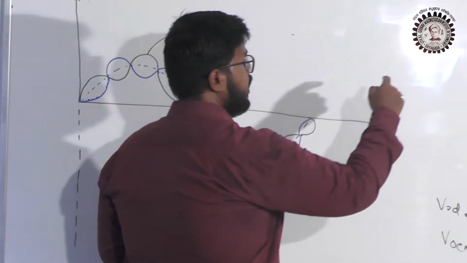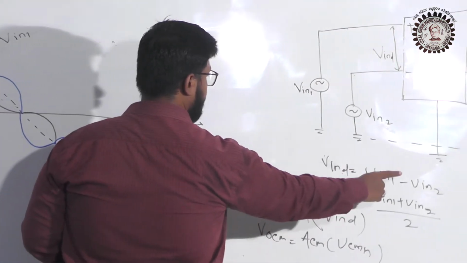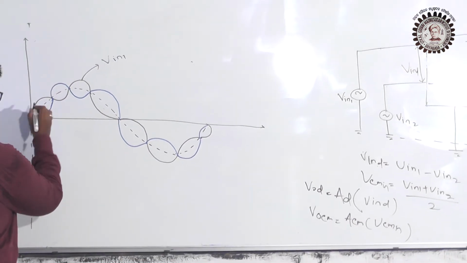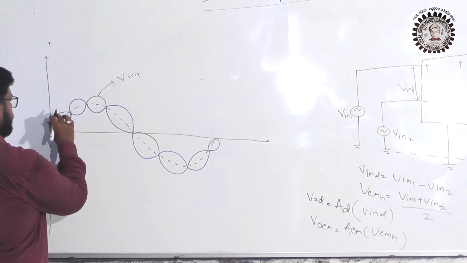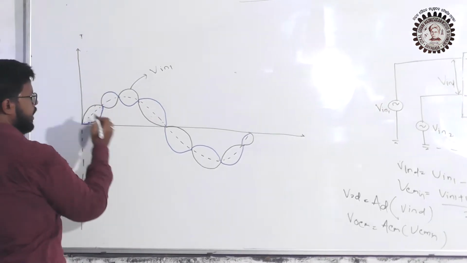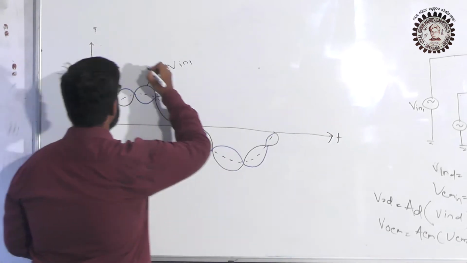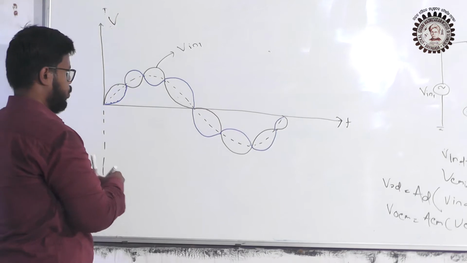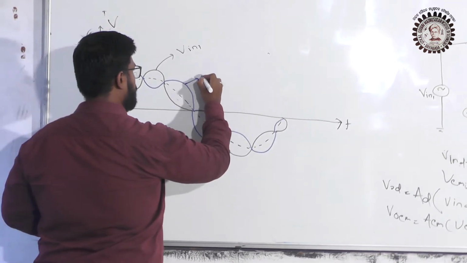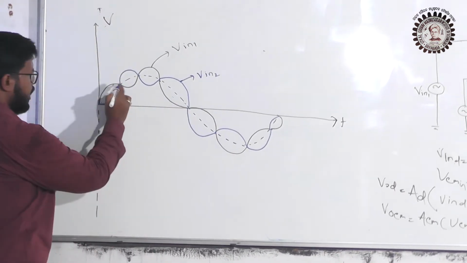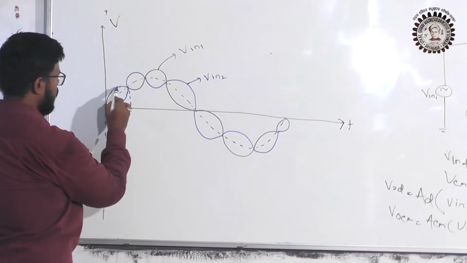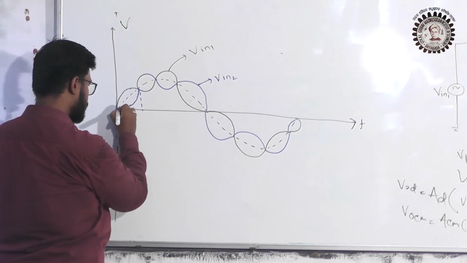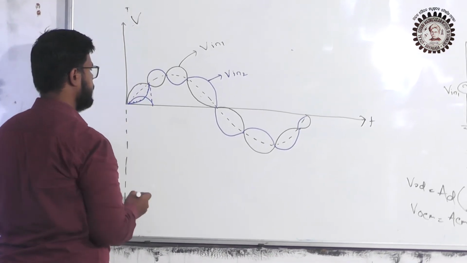So we know that the differential input will be V in 1 minus V in 2. If we draw the differential input, this will be our positive axis. The black one is V in 1, and this one is V in 2. Here we can see that V in 1 is greater than V in 2 in amplitude, so the net amplitude will be positive.